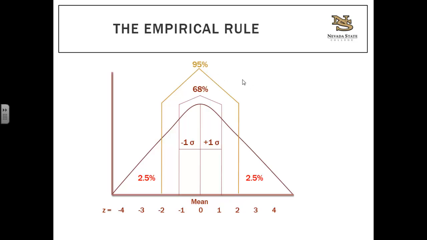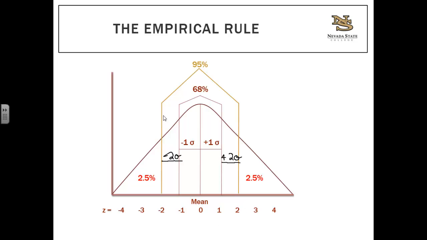95% of scores are within 2 standard deviations of the mean, so between -2 and +2 standard deviations. Again, 95% of the scores are within 2 standard deviations of the mean in a normal distribution, between a z-score of -2 and +2.